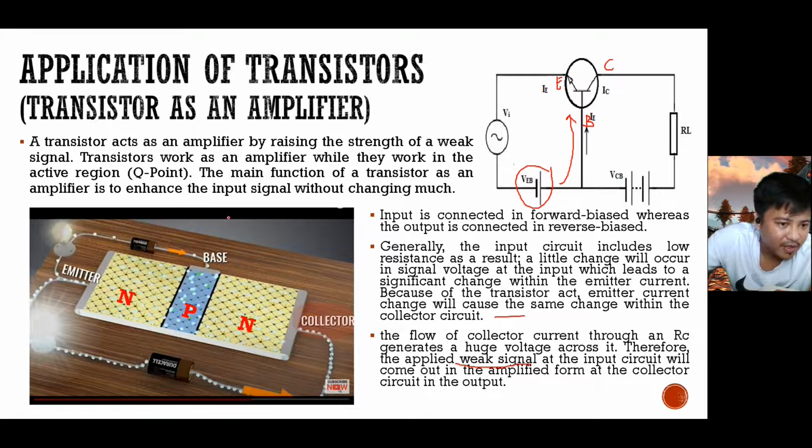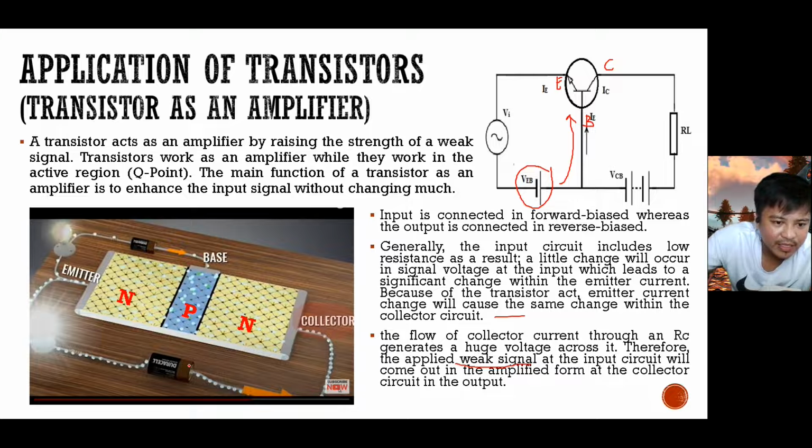So just to make you understand this, I have a text here, actually hindi siya na-play po, pero I'll try to explain as much as I can yung understanding ko po dito. So una, ito po ang ating transistor.